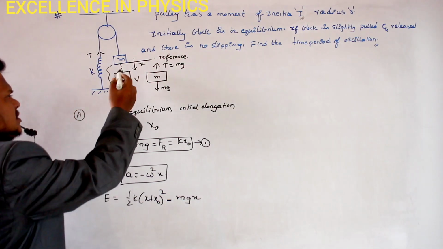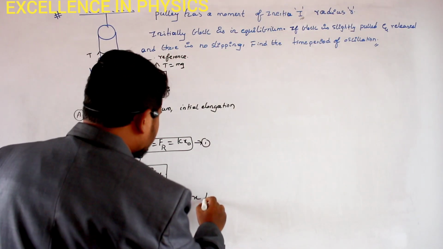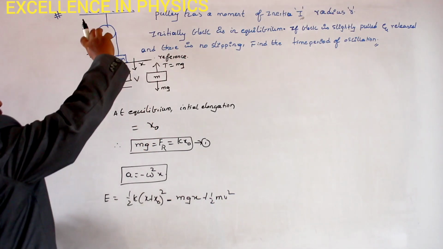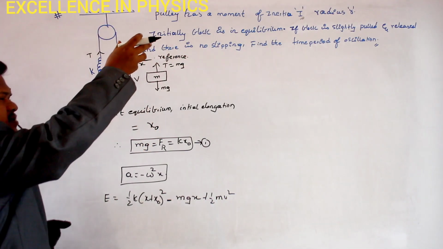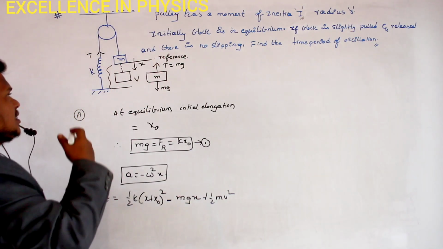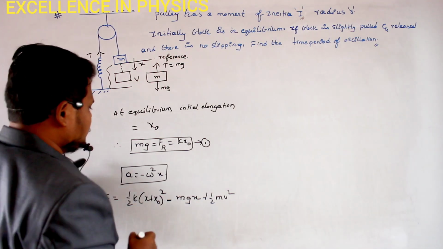Now by this time this body has gained some velocity, so it has gained some kinetic energy. And what is the equation of kinetic energy? Half mv square. By this time this pulley also has rotated by some angle and obtained some angular velocity, and that angular velocity has given some kinetic energy to the pulley.